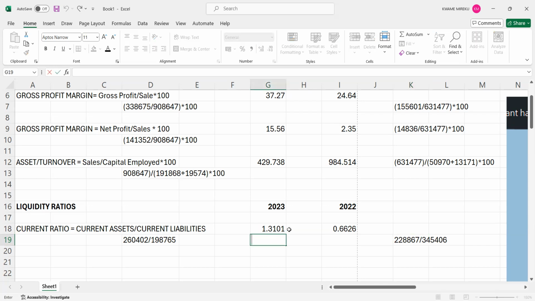So you can express it in times or look at it in proportion. Whichever way you choose to go is fine, because they talk about the same thing.